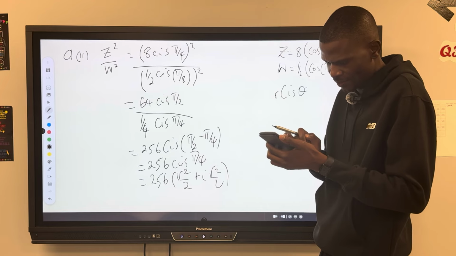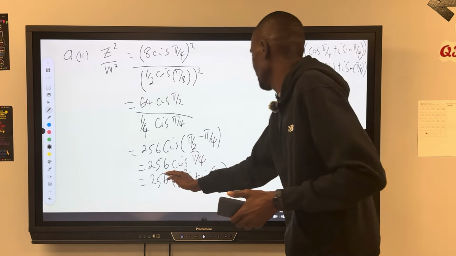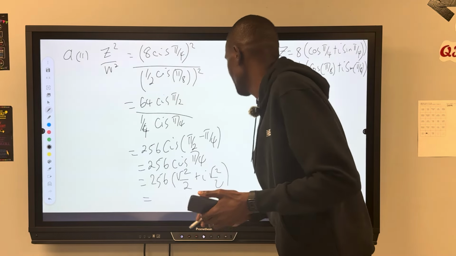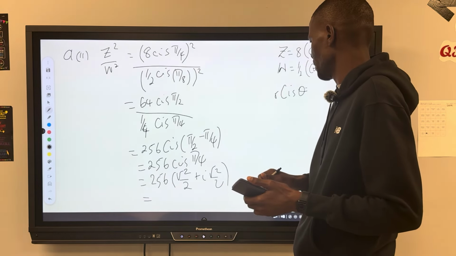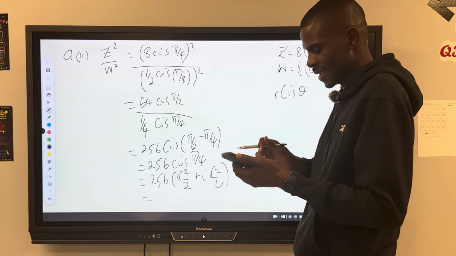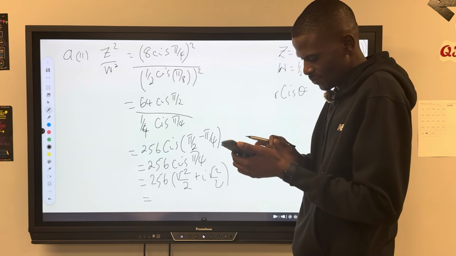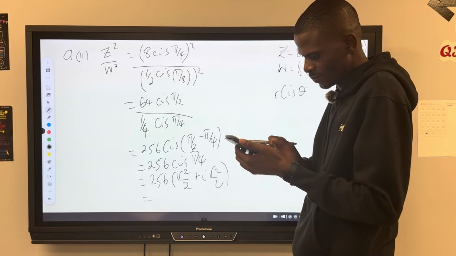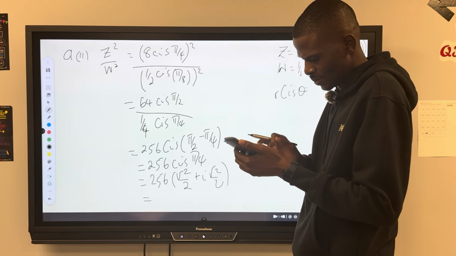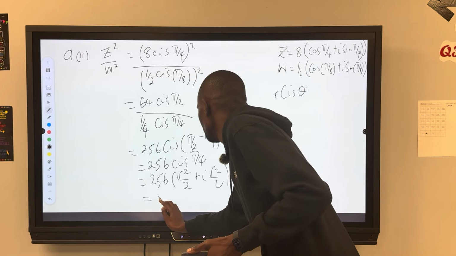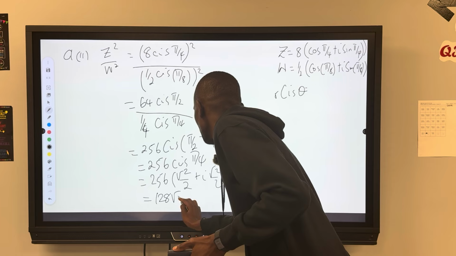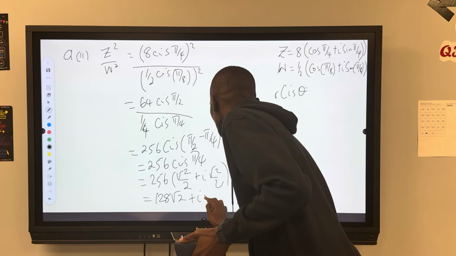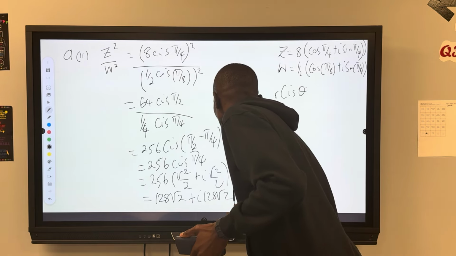Pi over 4, yeah, right. Then if I distribute the 256, what do I get? 256 divided by 2, 128. So it becomes 128 root 2 plus i 128 root 2.